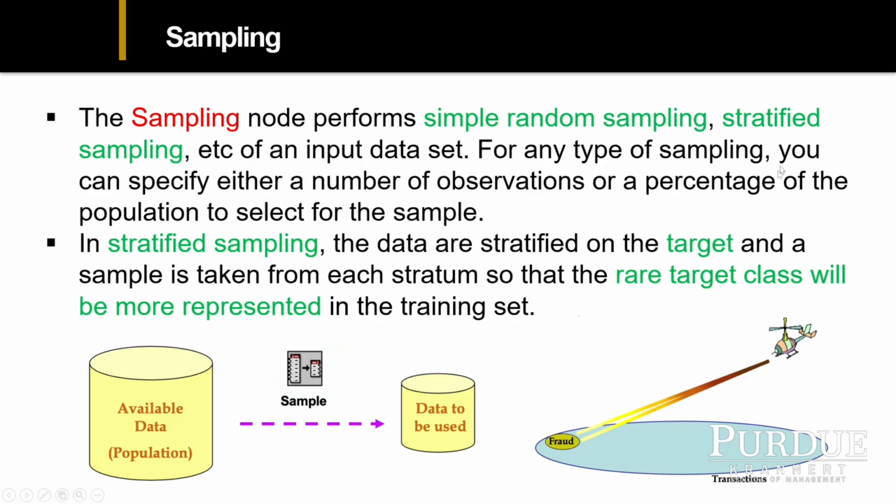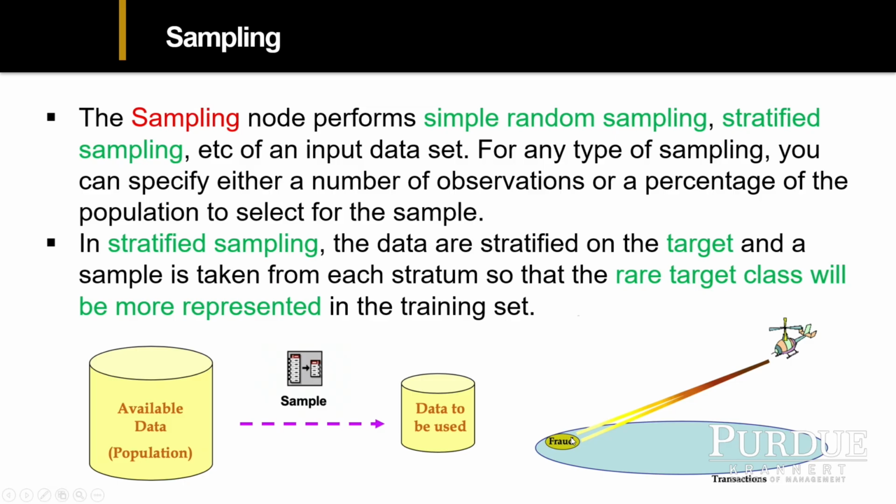The second option is called stratified sampling. Stratified sampling is useful, for example, in the classification case. In a fraud detection example, if you have a fraud class and a non-fraud class, typically the fraud class is a very rare class. You may have less than, say, 1% of the samples being fraud.